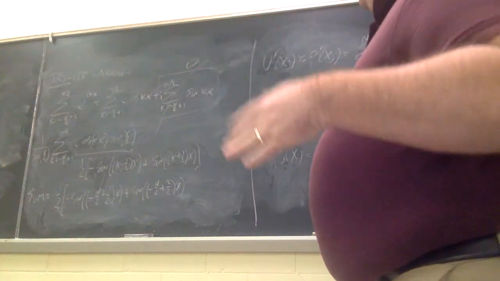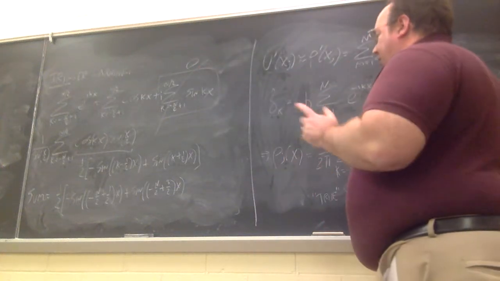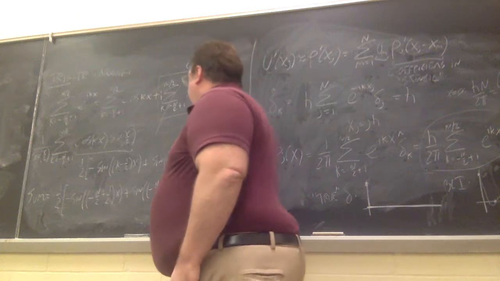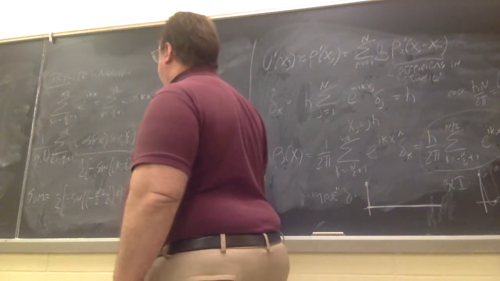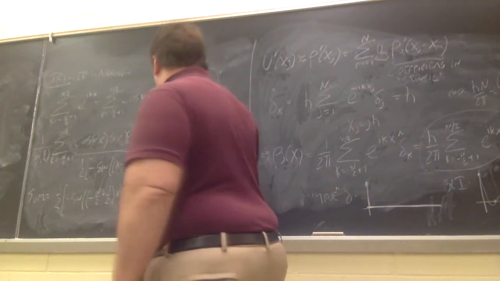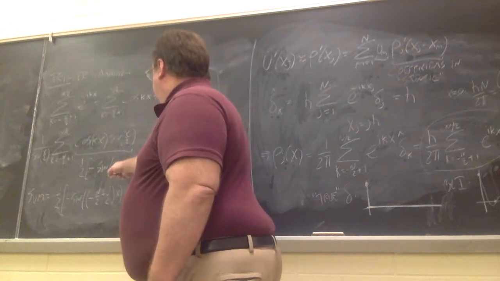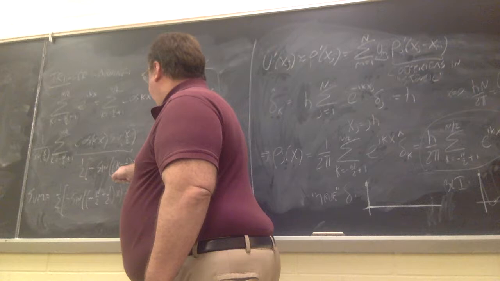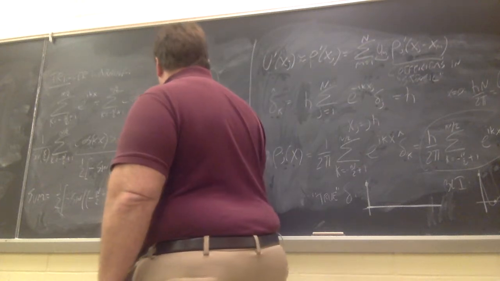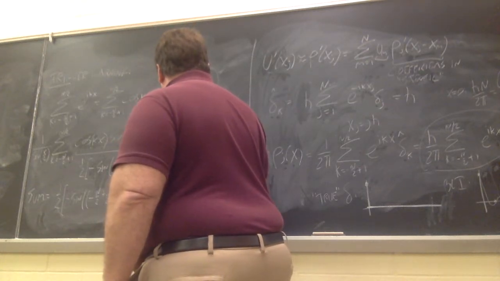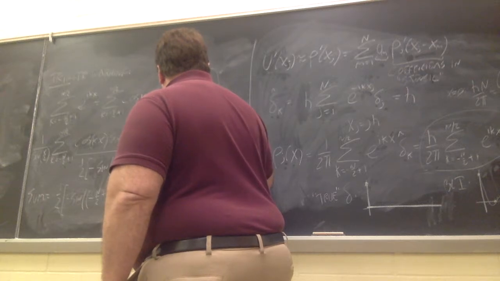I won't do very many. I do want to do the second term. So k will be minus n over 2 plus 2. So I'll have minus sine of minus n over 2 plus 2 minus a half. So that's minus n over 2 plus 3 halves x.